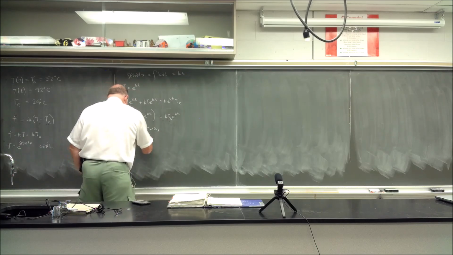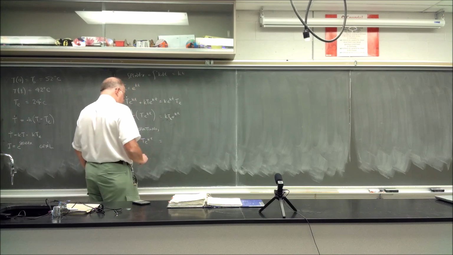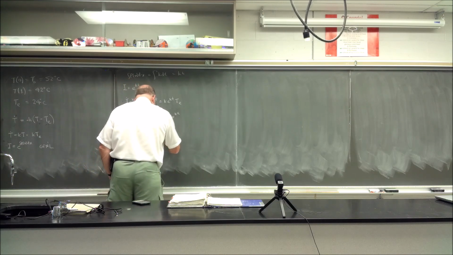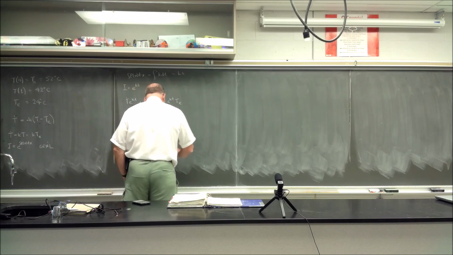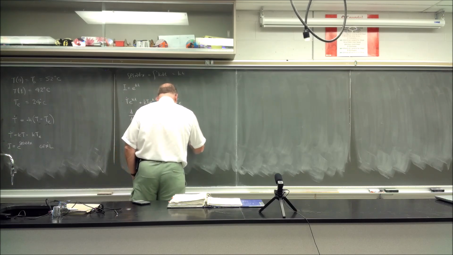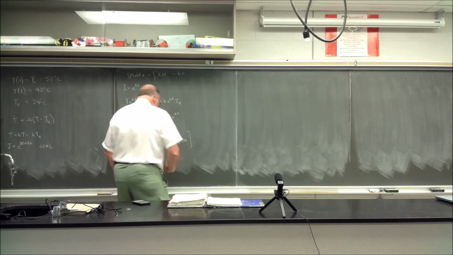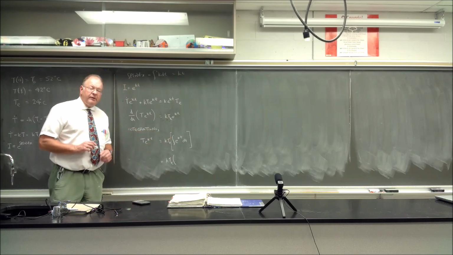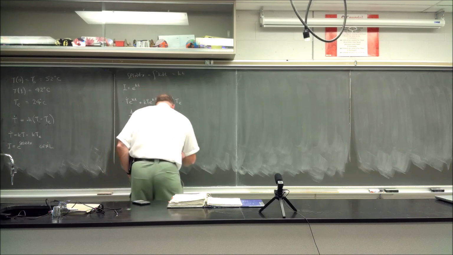We have t e to the kt is equal to k t sub e times the integral, so I'll make a parenthesis here, of e to the kt dt, and that's k t sub e. So the integral of this is going to be e to the kt over k plus a constant.